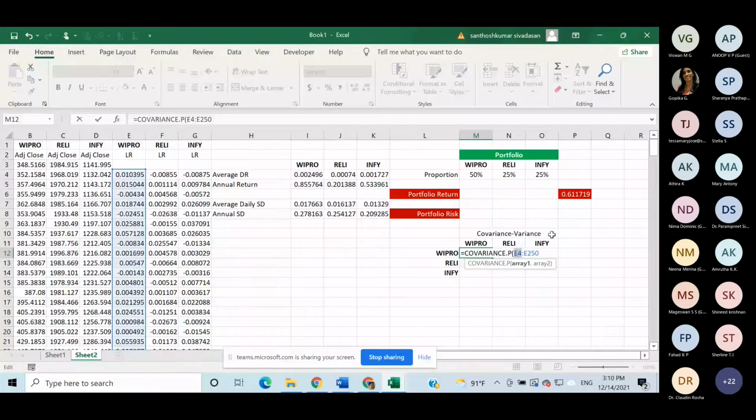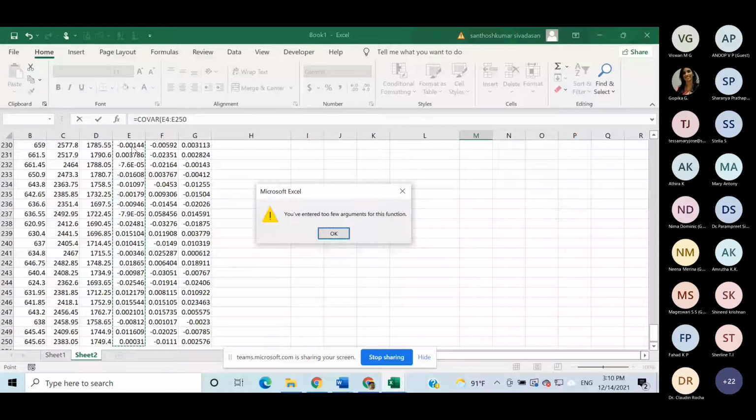Some troubleshooting. Sorry. Control Shift down. Oh, some issues there.